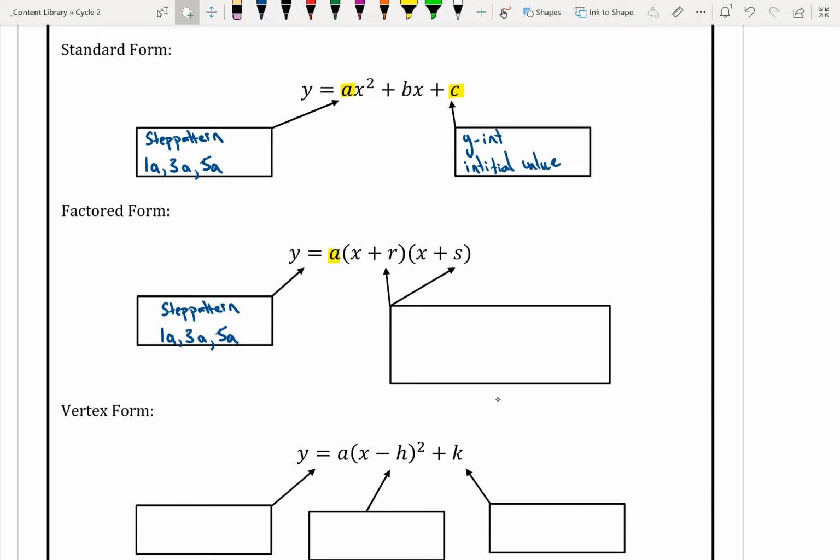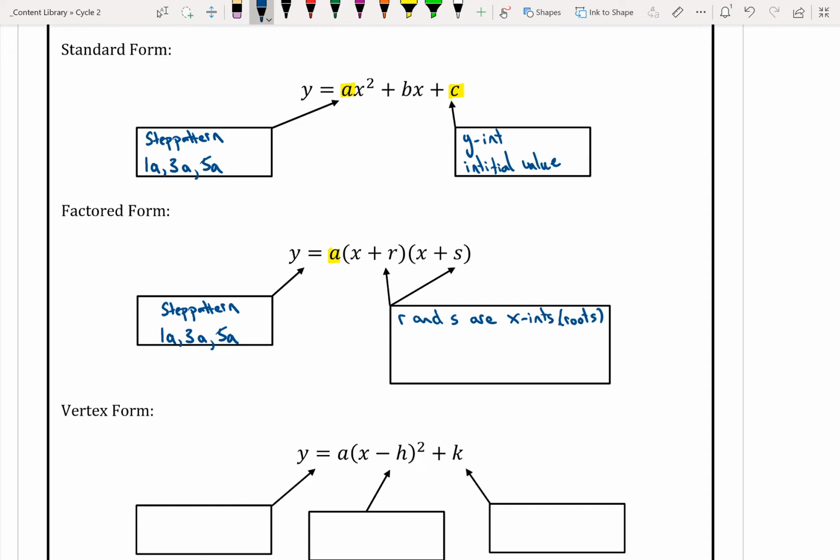The R and the S value in factored form represent your x-intercepts, or your roots, or your zeros, any of those terms.